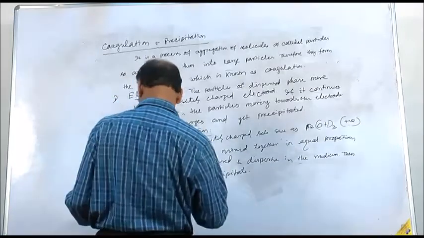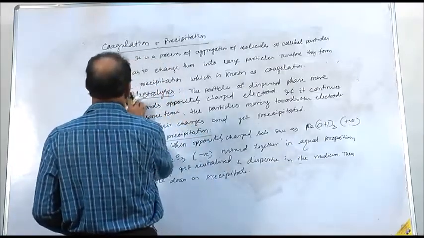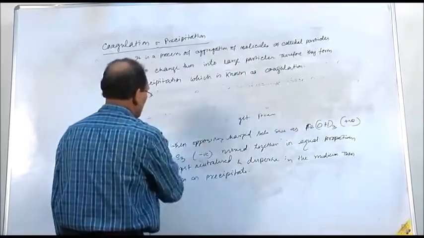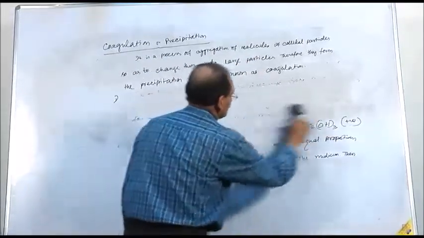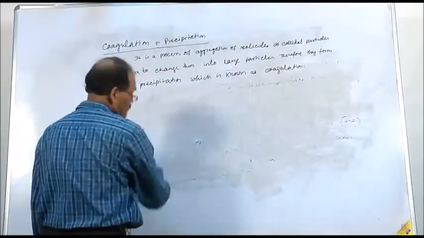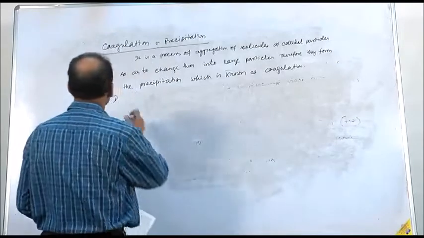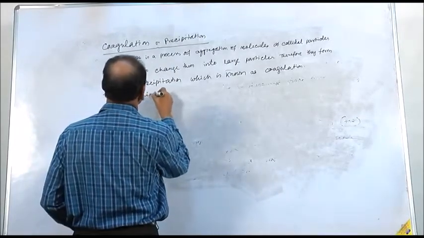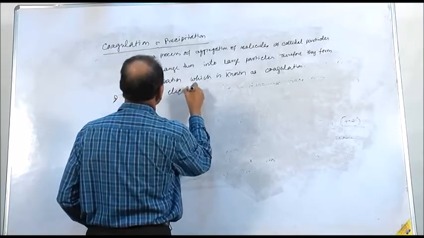Another thing is addition of electrolyte. Third process, addition of electrolyte. That means whenever an electrolyte is added to the sol, it immediately precipitates the colloidal solution.